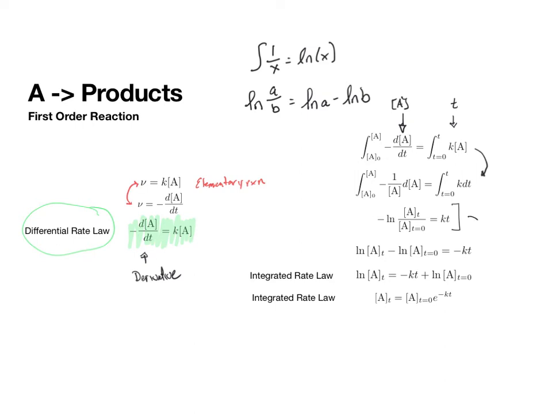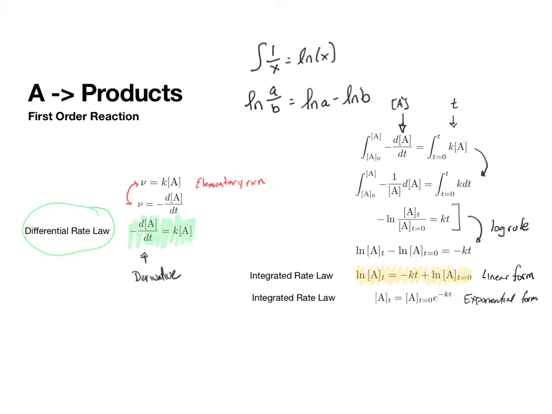To go here, I applied the log rule, and then I just rearranged. In this rearrangement, we get to this format of the equation, which is known as the linear form. I can also get rid of the natural log, and it gives me the exponential form.